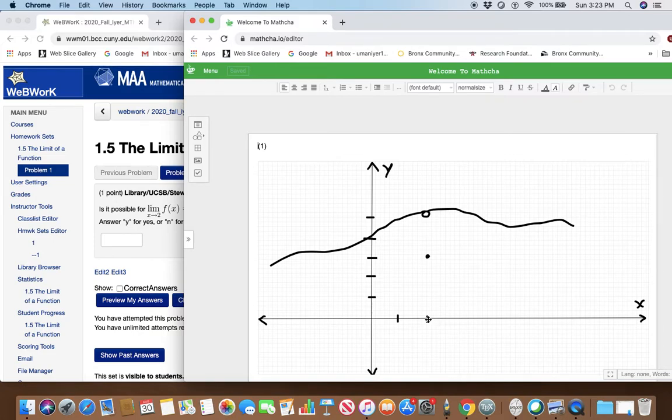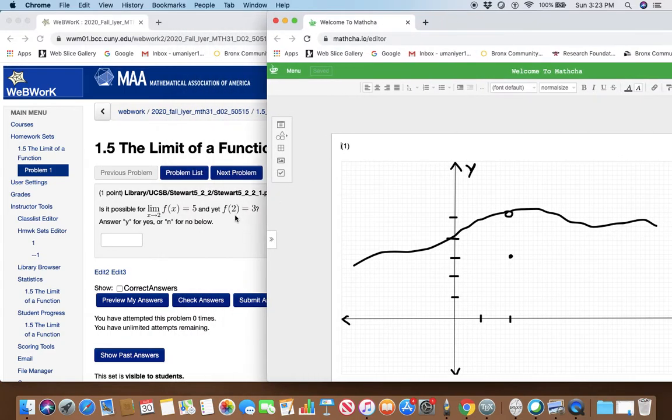At 2, the value of my function is 3. f at 2 is 3. But look at the limits. When x approaches 2 from the left, the values of f go up and down and they approach 5 from the left.